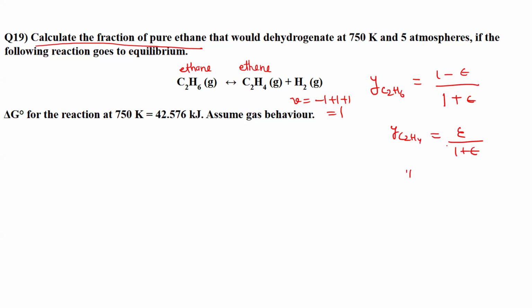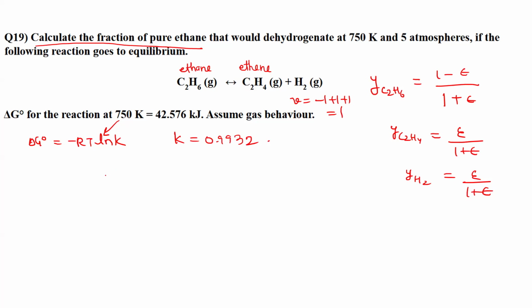Now, from the delta G naught, delta G naught is equal to minus RT ln K at temperature 750 Kelvin. Now, from this, I will be finding K. Yeah, I have done. K equal to 0.9932. Okay.